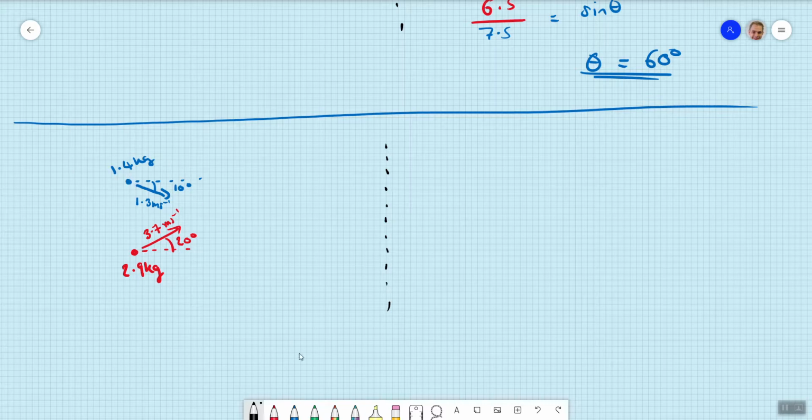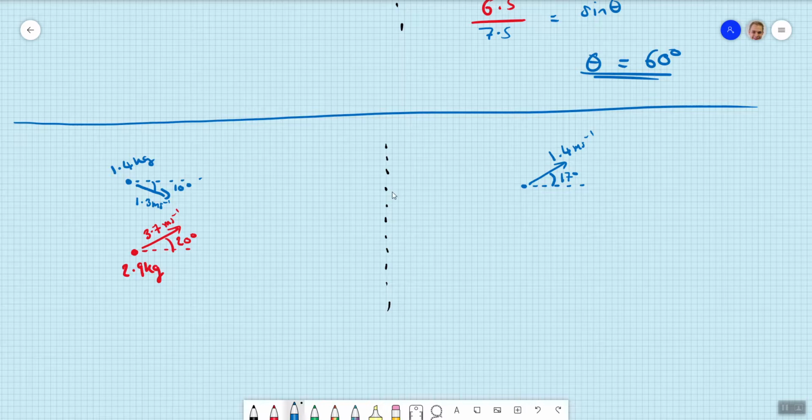It's the lighter one, and it's going to be moving that way, at an angle of 17 degrees, traveling at 1.4 meters per second. Okay, so that's what we know.